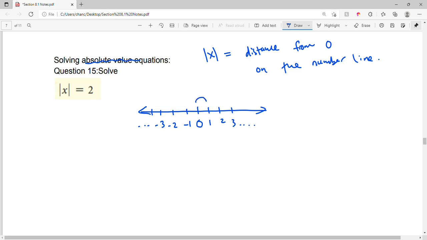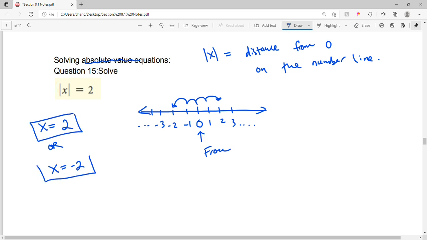Well, if you check, x could be equal to 2 and the distance would be 2 from 0. Or x could be negative 2. If you look at negative 2, I still have a distance of 2 from 0. So the distance from 0 is 2 if x equals negative 2 or positive 2.